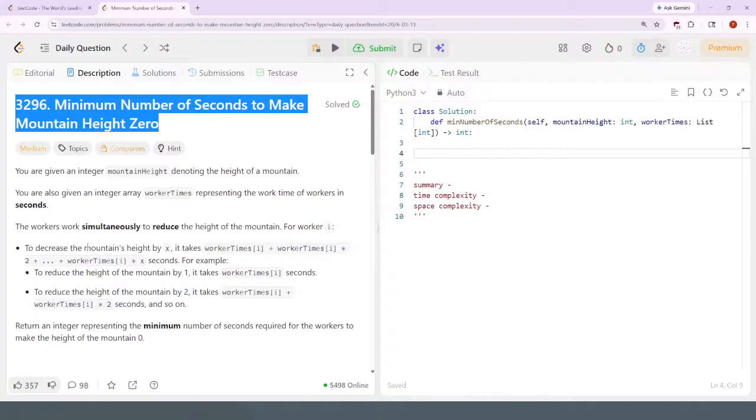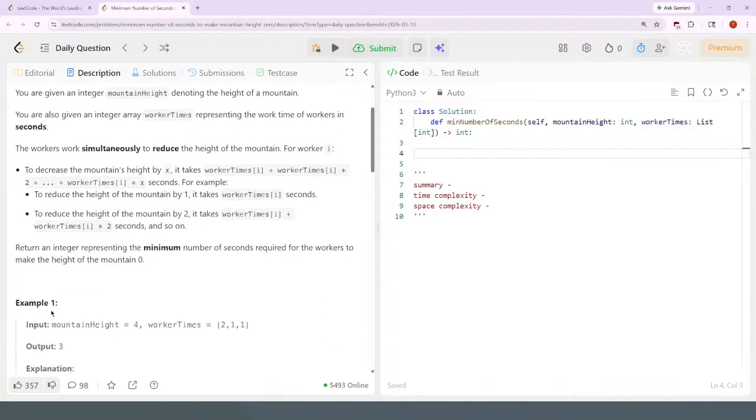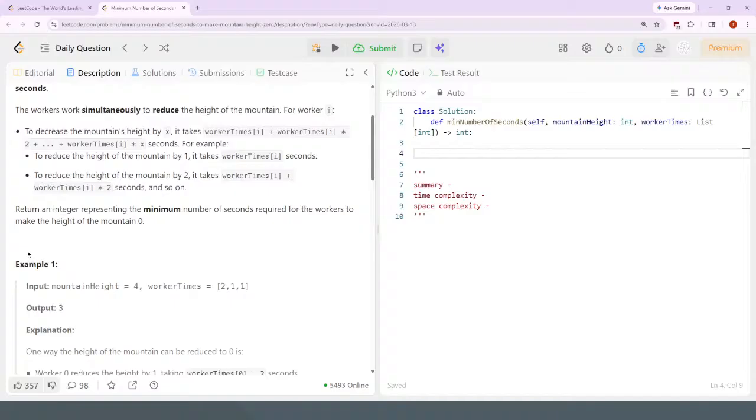Okay, so it's like a polynomial amount of time, kind of. Return the integer representing the minimum number of seconds required for the workers to make the height of the mountain 0.